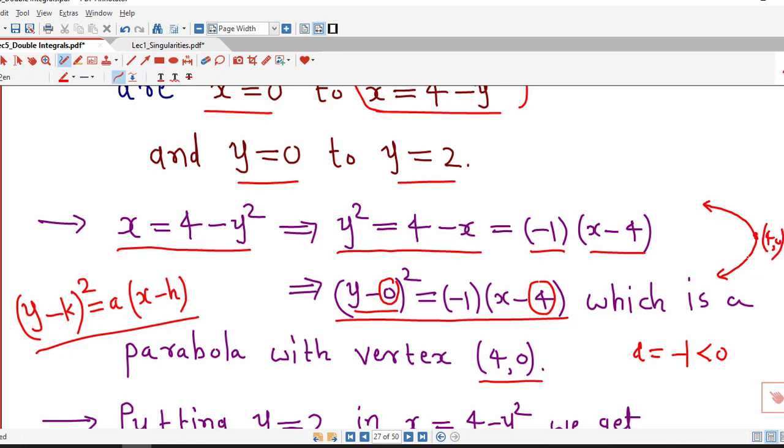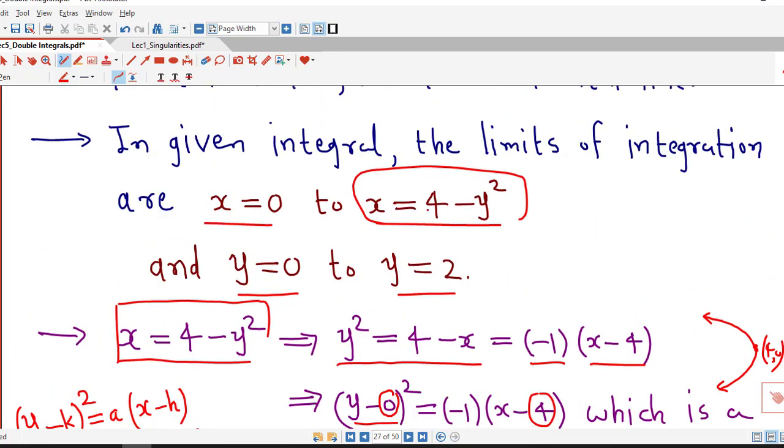Before sketching this parabola, we decide what the intersecting points of this parabola with the other given lines are. To decide the intersecting points of these two curves, we put y equal to 2 here. So if we put y equal to 2, we have x equal to 4 minus 4, which is 0. So these two will intersect at the ordered pair (0, 2).